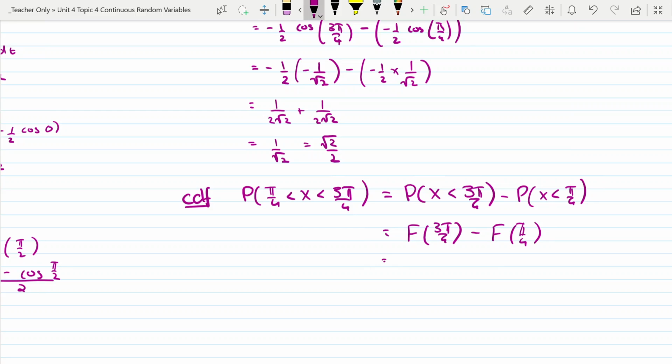And that's going to be 1 minus cos of 3 pi on 4 over 2 minus 1 minus cos of pi on 4 over 2.